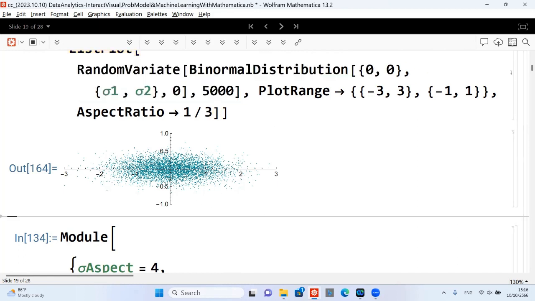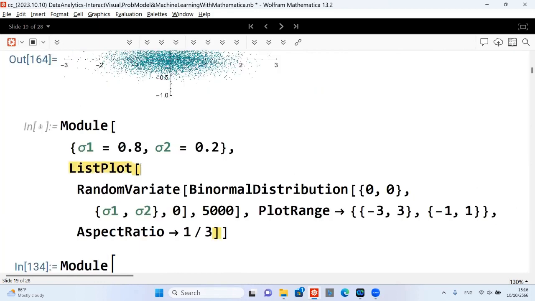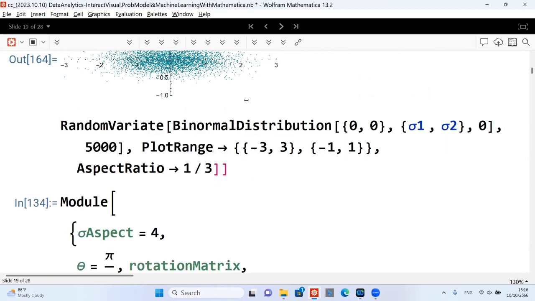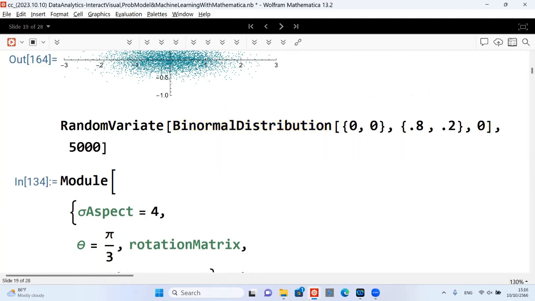In fact, if I take this guy, I do what we did before. Let's just take this random variate, and let's make it 0.8, right? 0.8, and this is 0.2, and I generate 1,000 of them, right?